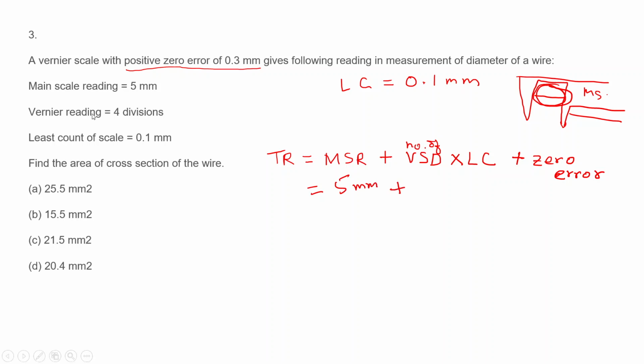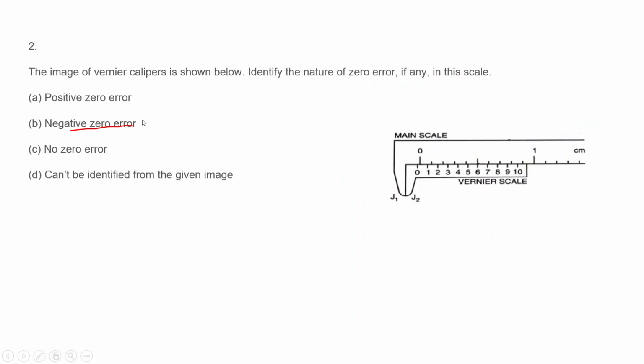Here it's given that the vernier reading is 4 divisions. Actually, this vernier reading we don't take in millimeter or anything. We just count the number of divisions. For the main scale we know it's in centimeter, and we take it as 1 millimeter, 2 millimeter, like that. But for the vernier scale, it's not 1 millimeter or anything. We just count it as 1 division, 2 divisions, 3 divisions, however it is.